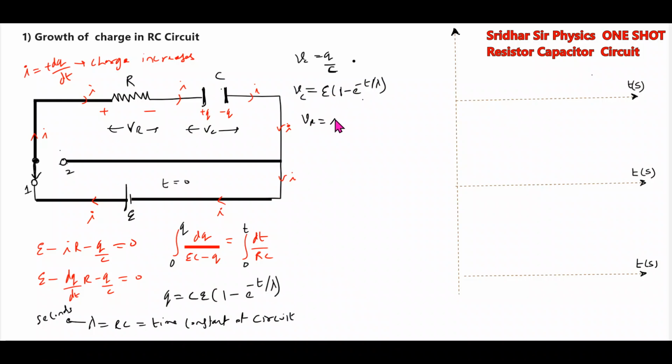The drop across the resistor will be I into R. What is I? I is equal to dq by dt. I'll differentiate this and get the current. I equal to dq by dt, this will become CE by lambda e to the power of minus t by lambda. Lambda is RC, so I equals E by R e to the power of minus t by lambda.